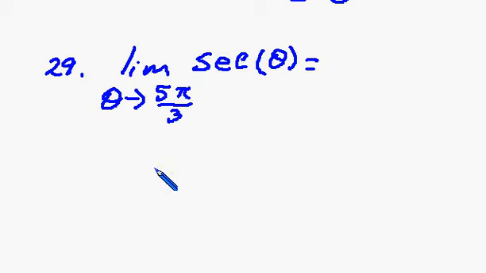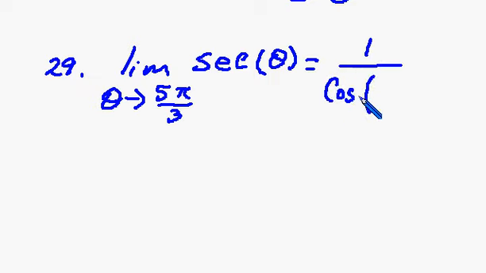Okay, the limit of secant theta as theta approaches 5 pi thirds. Now remember what secant theta is. Secant is 1 over cosine theta, right? So I'm going to say 1 over cosine of 5 pi thirds.